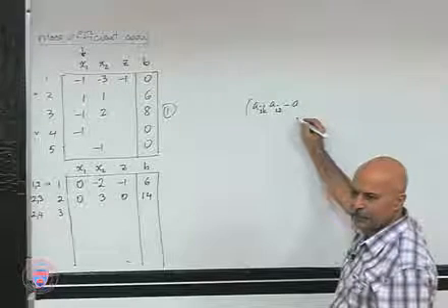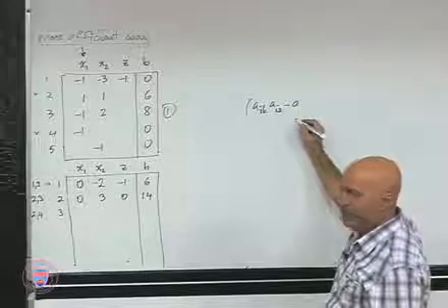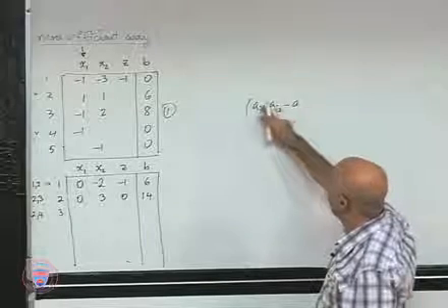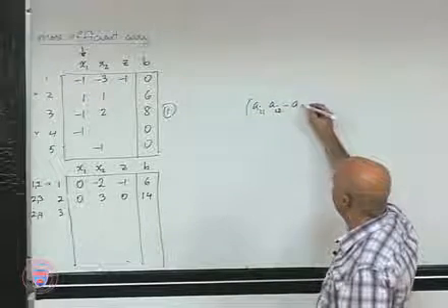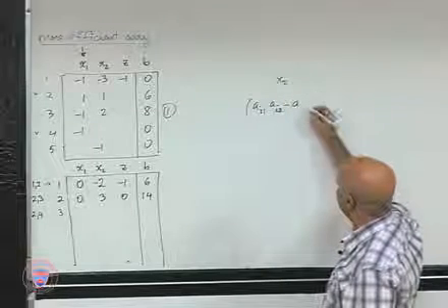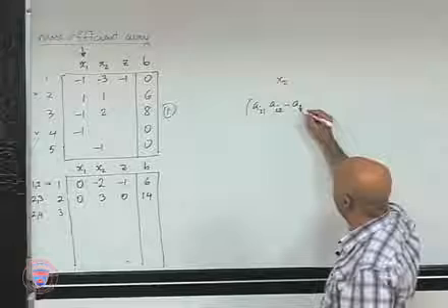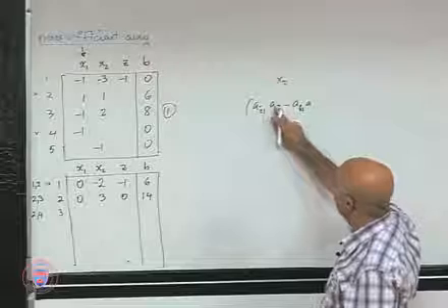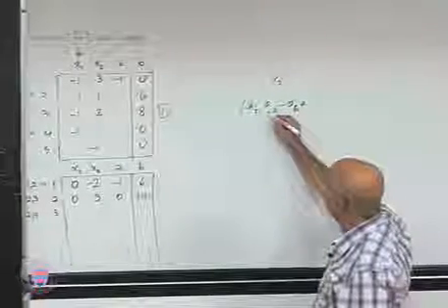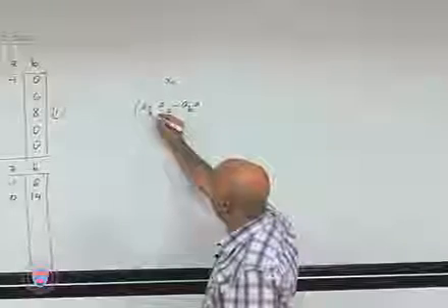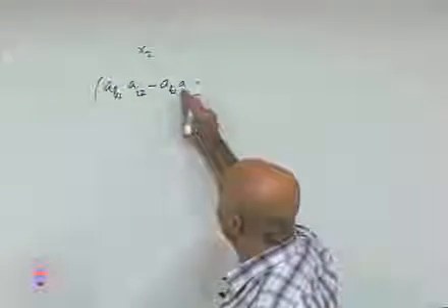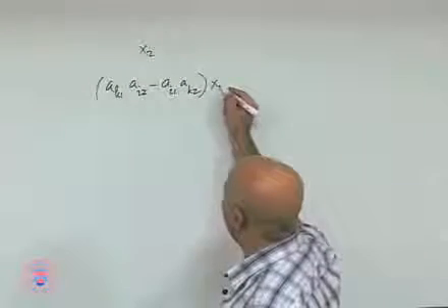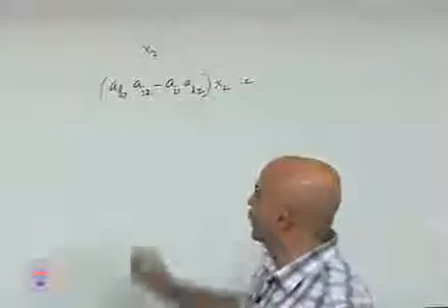Somebody tell me. Just look into your notes. a_i1, a_i2. This is for x2's coefficient in the second system. a_k1, a_i2, minus a_i1, a_k2. This is all we're performing, plus the remaining ones.